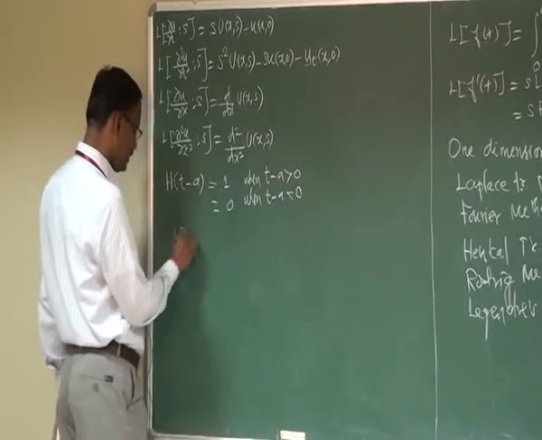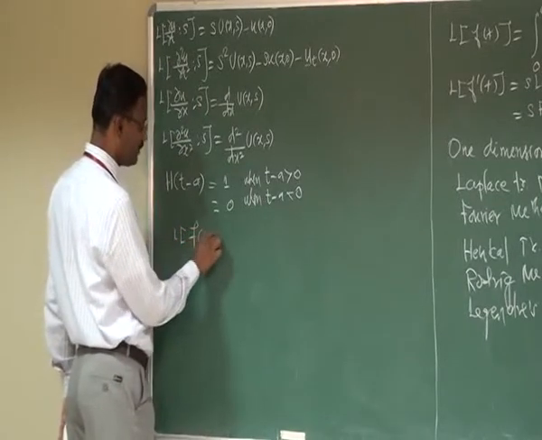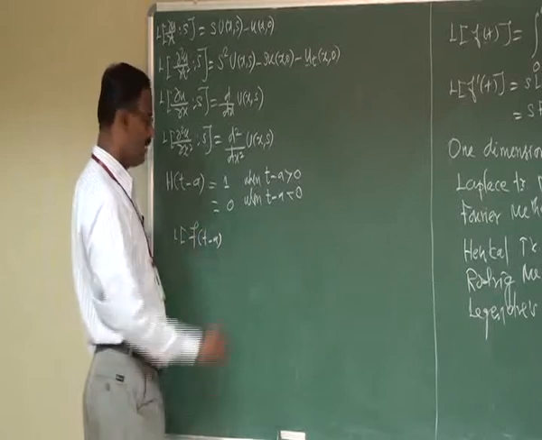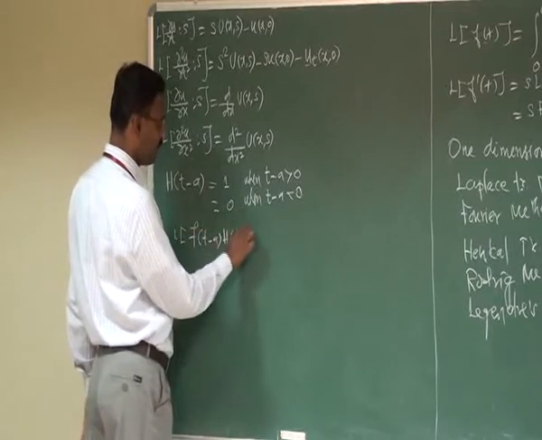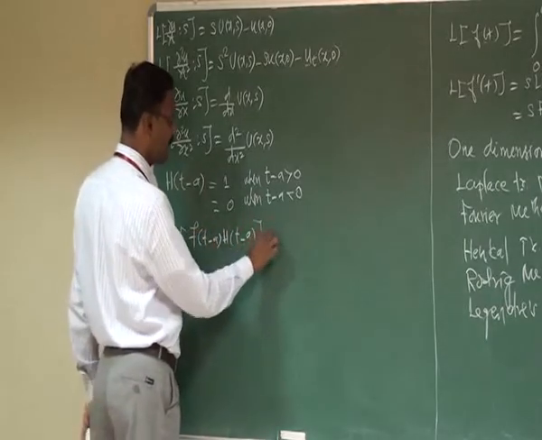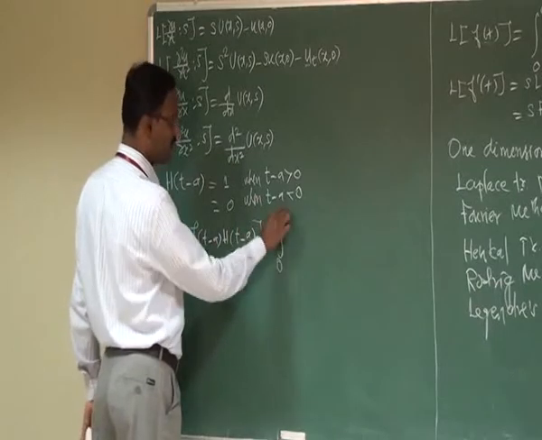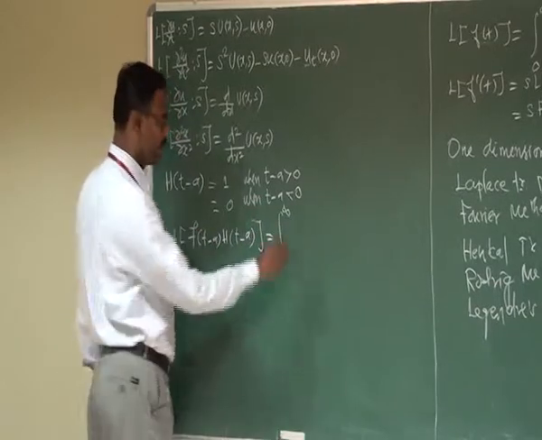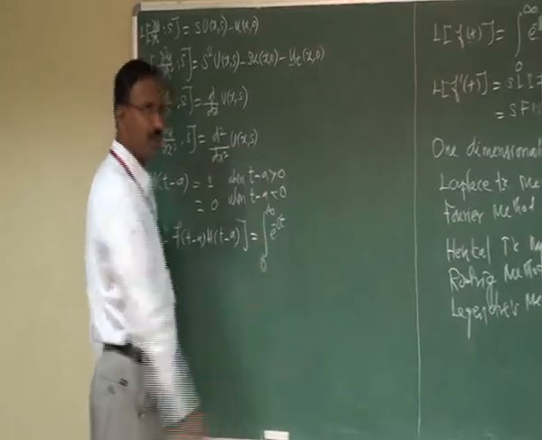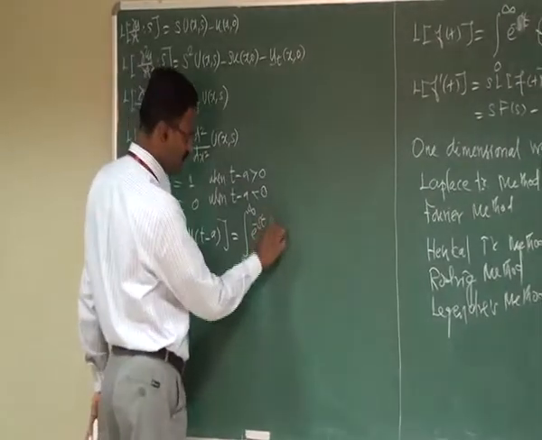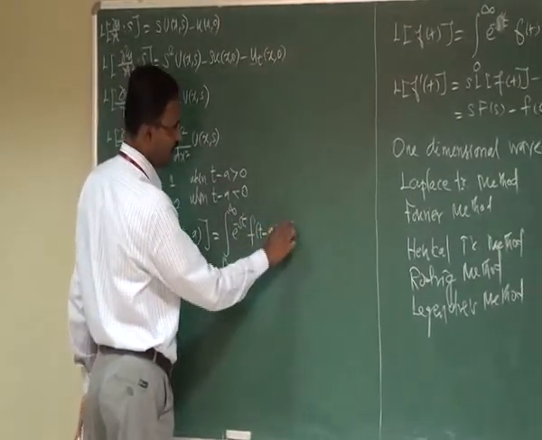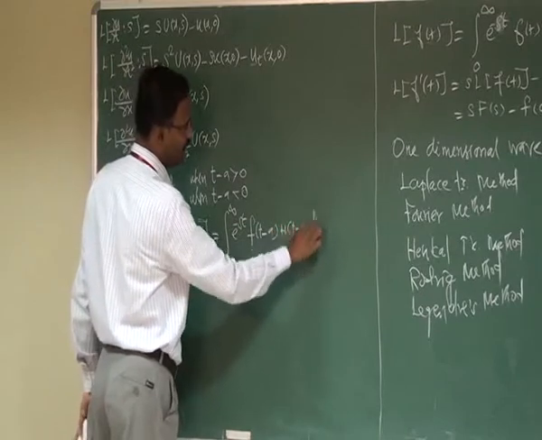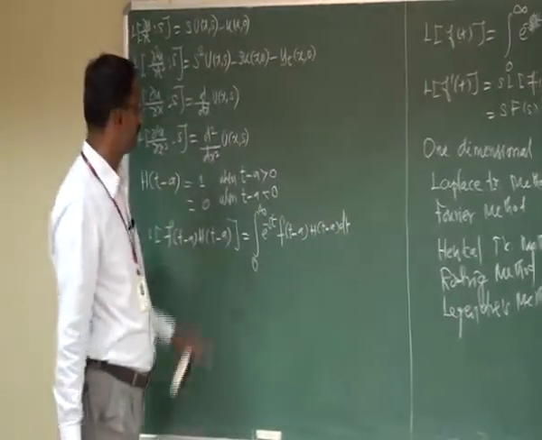Now, the Laplace transform of f(t minus a) H(t minus a) is equal to the integral from 0 to infinity of e^(-st) f(t minus a) H(t minus a) dt.